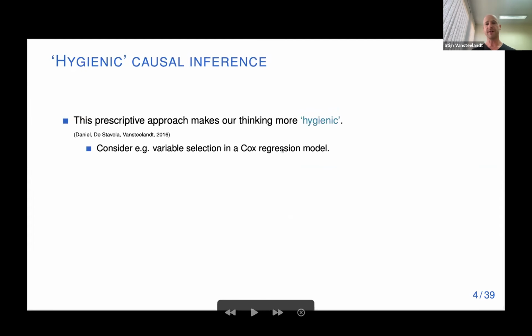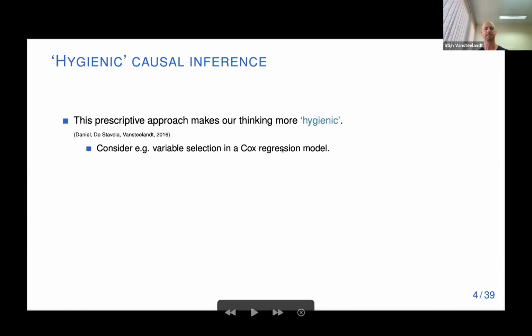Well, then, as we keep on adding variables to the model, we keep on changing the estimands. Suppose that we care about a hazard ratio that captures, say, a treatment effect coefficient. Well, then, as we keep on adding variables, we keep on changing the estimand. We keep on changing the ignorability and censoring assumptions under which we work. And no surprise that it's becoming really difficult to obtain valid post-selection inference.